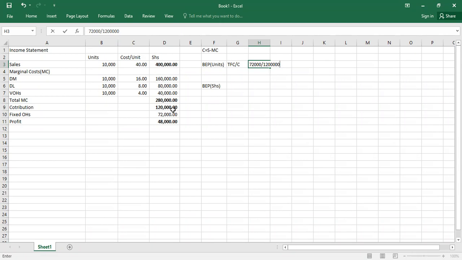0.6. Yes. That's the most common wrong answer. What did I say about contribution? I said it is contribution per unit. What you are giving me is the total contribution.